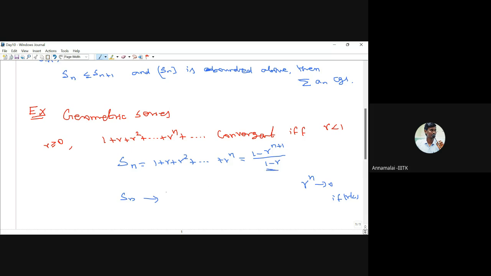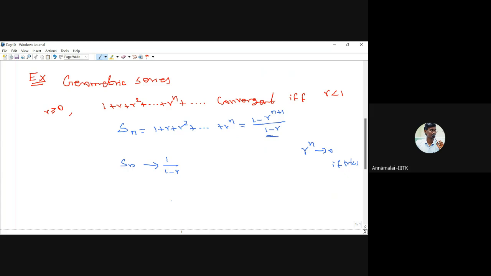Therefore, this converges to 1 by 1 minus r. Since the partial sum converges, the series is convergent. What is the value of the series? It is nothing but 1 by 1 minus r. Therefore, summation r power n, where n equals 0 to infinity, because if we substitute n equal to 0 we get 1, converges, and the sum of the series is 1 by 1 minus r. So this is the geometric series.